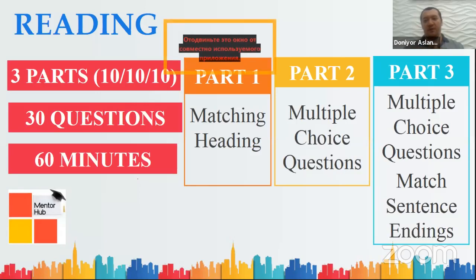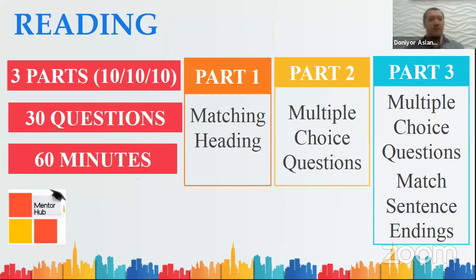And in part 3, we have 2 different tasks to deal with. The first one, again, multiple choice questions. It will be on one scientific text. And the second one, sentence endings. We should find the sentence endings and match them with the text. Sorry, I'm a little bit worried now.